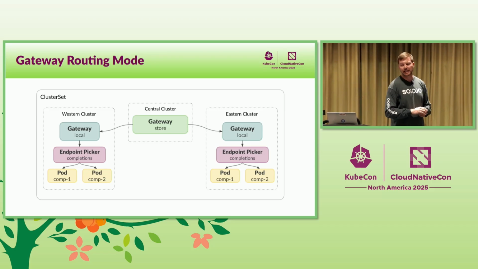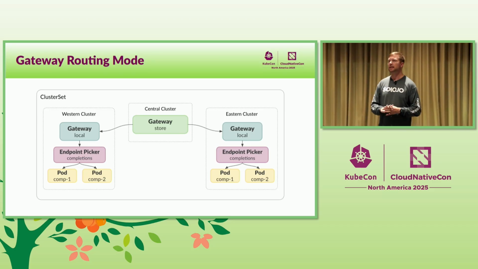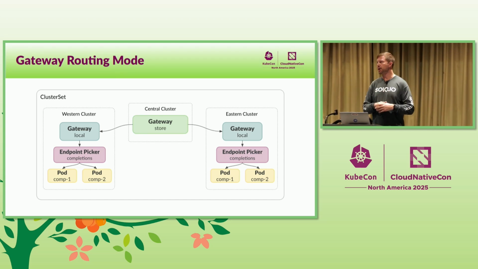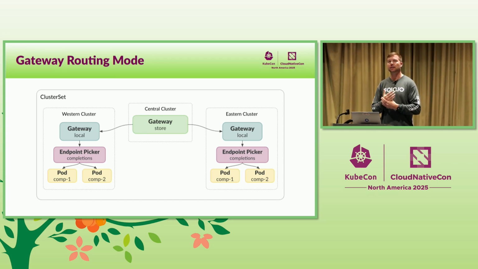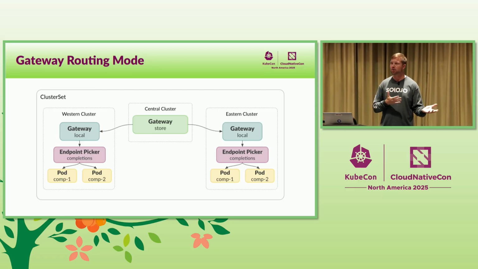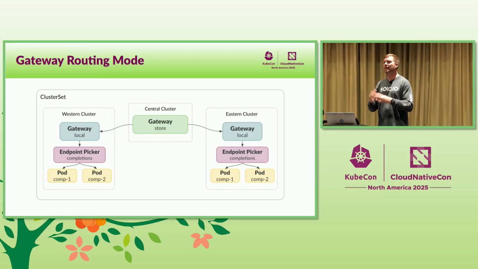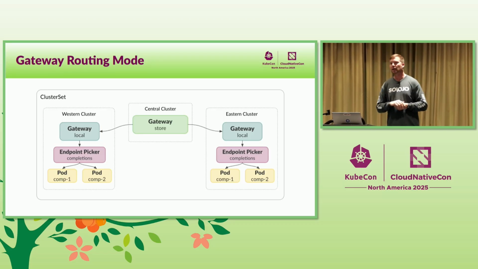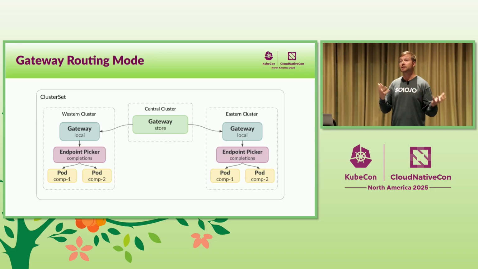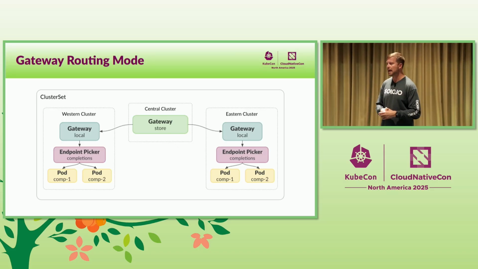We also defined a gateway routing mode. Now, what's different here is, again, based on what Rob shared with you, the inference pool or cluster is selected, and the gateway, instead of routing directly to an endpoint picker to make the endpoint decision and then route directly to the model server pod, is able to discover the cluster local gateway, right?